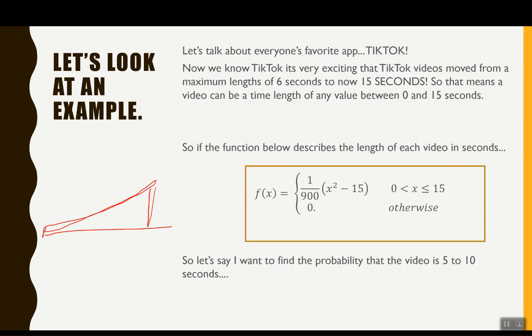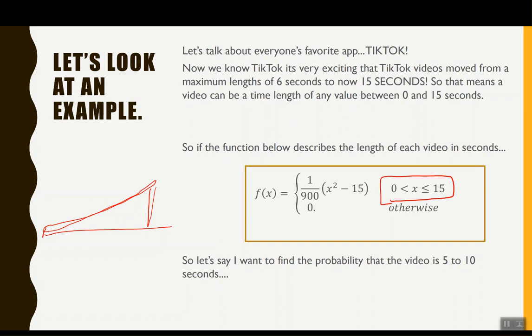And that's what we would have here in our function. So if this is the function, here we have 1 over 900 times x squared minus 15 on the interval 0 to 15, because our video can only be between 0 and 15 seconds.